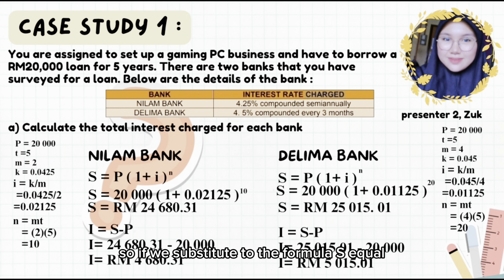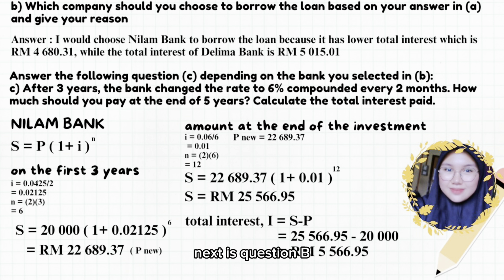If we substitute into the formula, S equals 20,000 times bracket 1 plus 0.01125 power 20. And the answer is 25015.01. And the answer for the interest charge is 5015.01.